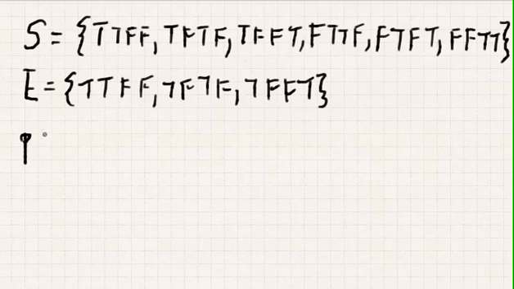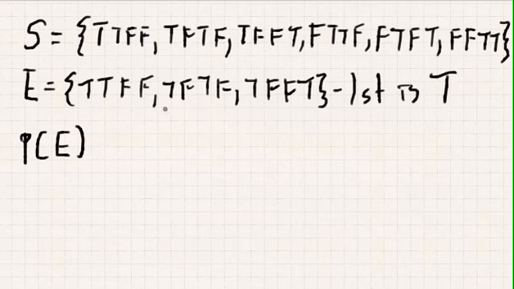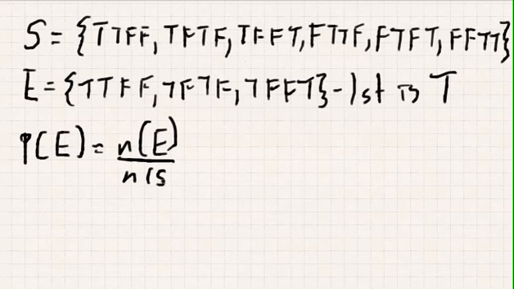So the probability that the first is true is the number of things in the set E divided by the number of things in the set S. The number of things in E, you can just count as 3, and the number of things in S is 6.